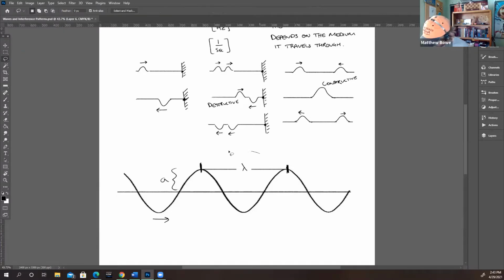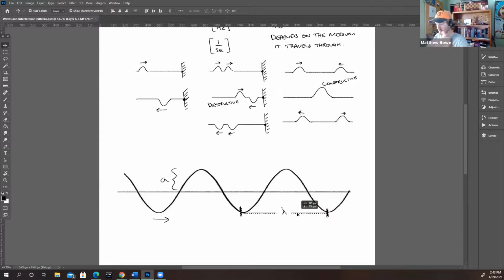Or I can move it down to the trough down here at the bottom. That is also one wavelength. So it doesn't matter where you start measuring for the wavelength, as long as you get to the same spot, or the spot it starts to repeat itself. So let me just leave it up here at the top.